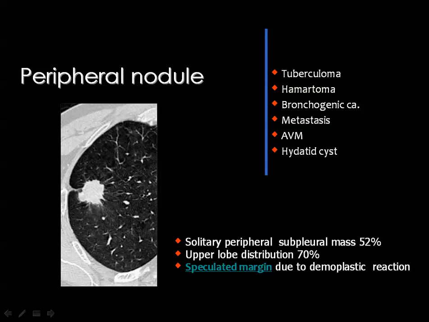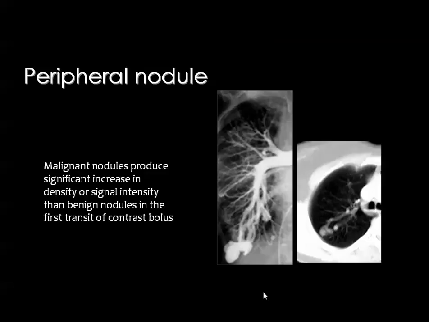Then bronchogenic carcinoma is differentiated from all these nodules by the speculated margin, which is very important.